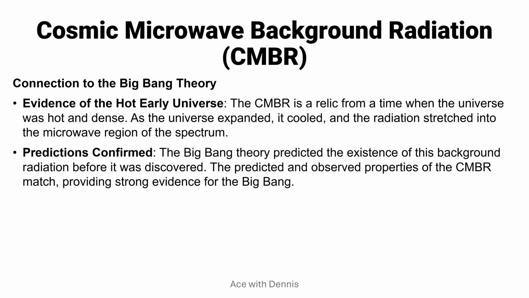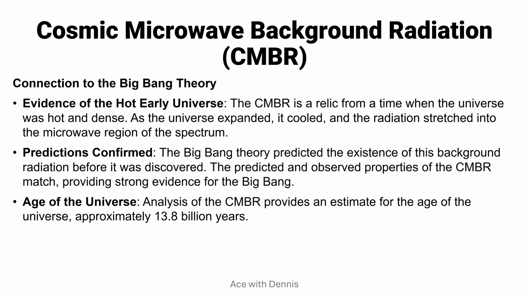The predictions are confirmed. The Big Bang theory predicted the existence of this background radiation before it was discovered. The predicted and observed properties of the CMBR match, providing strong evidence of the Big Bang. And also the age of the universe.